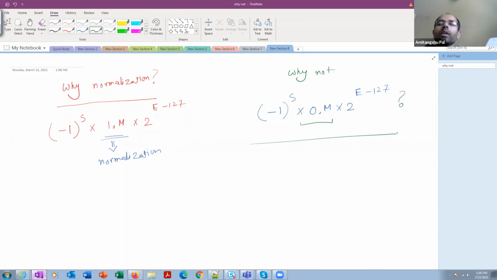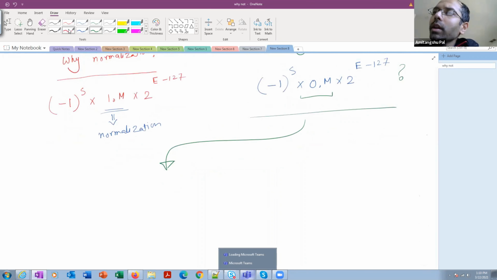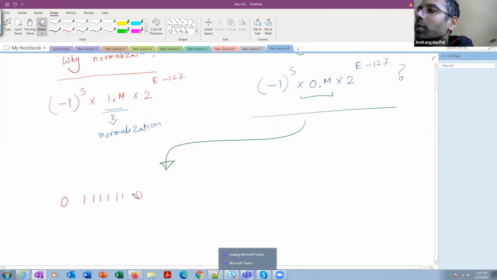Okay. So let me answer this by using a simple example. Suppose I'm going to use this formula for the conversion. Suppose I'm giving a binary number that looks like this: 0, 1, 1, 1, 1, 1, 1, 1, 1, 0, followed by 1 and then zeros, 1, 0, 0, 0, 0, 0, 0.